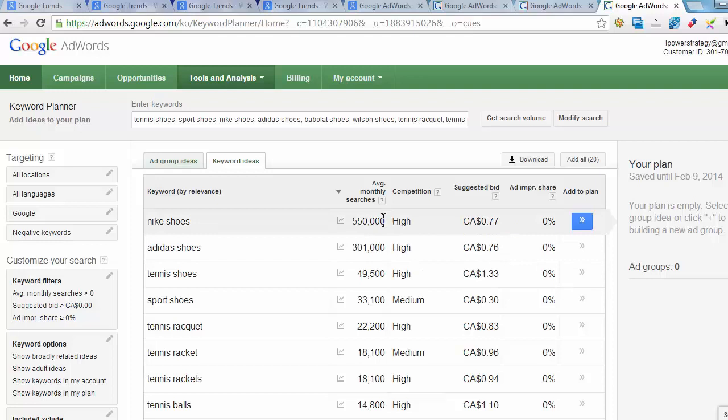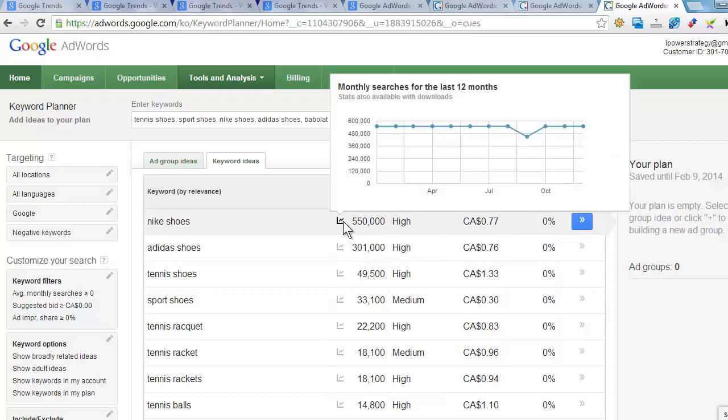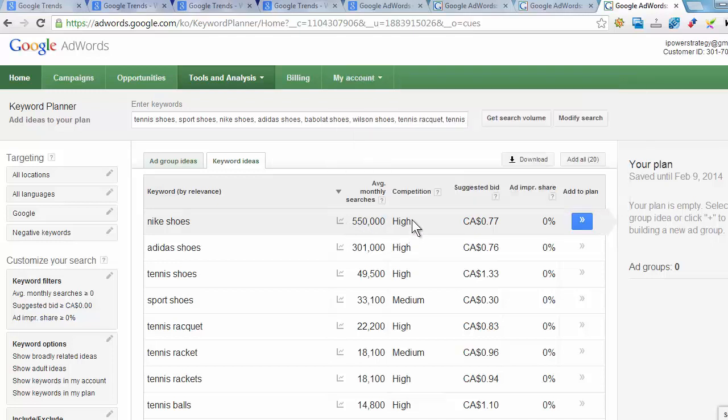So demand is higher here. So that's an advantage. And by the way, we can see also trends month by month. And now we see the competition according to Google. This says that Nike shoes have high competition, but so is the case with Adidas shoes.